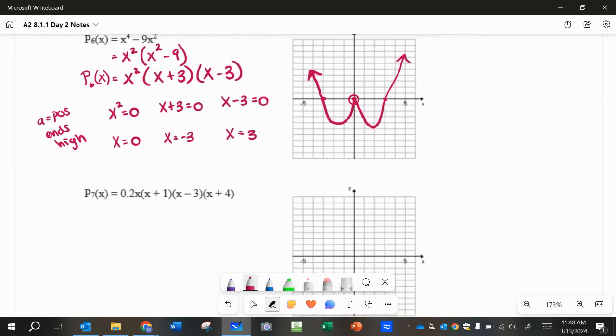Okay, this one's already in factored form. We like that. So now I want you to find your x-intercepts.